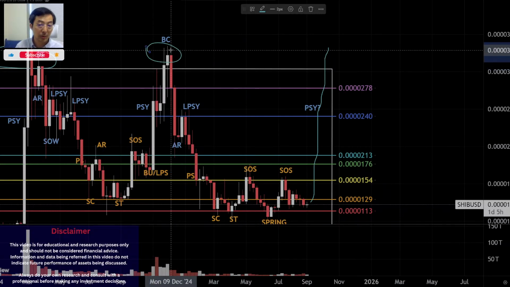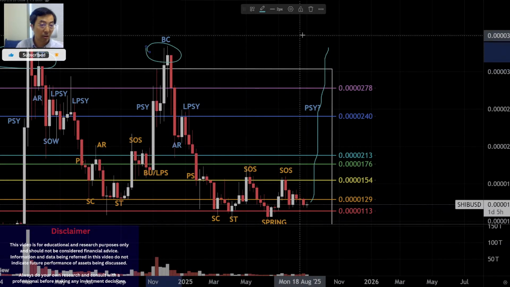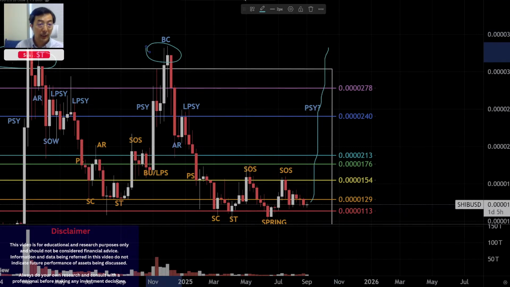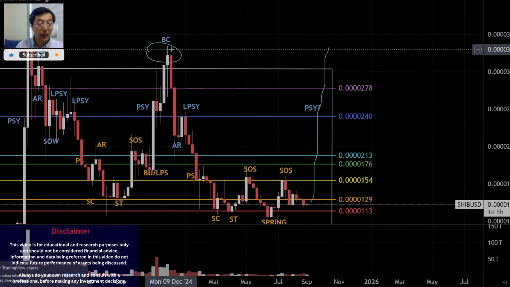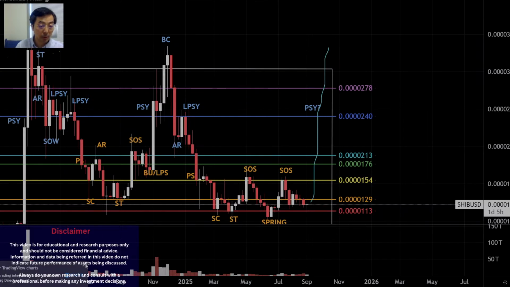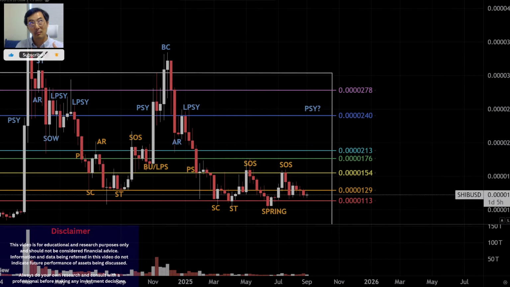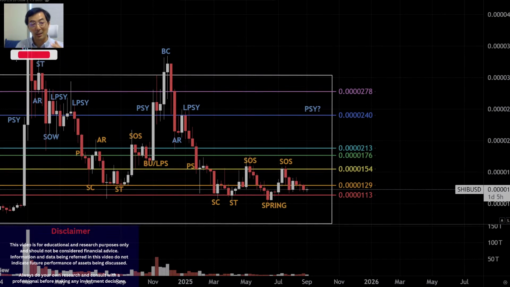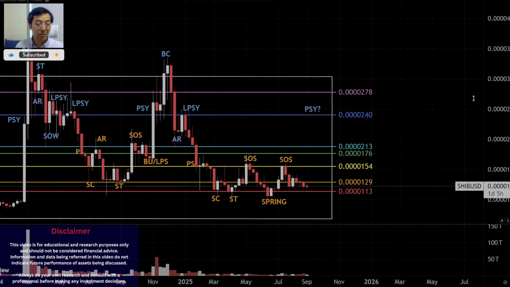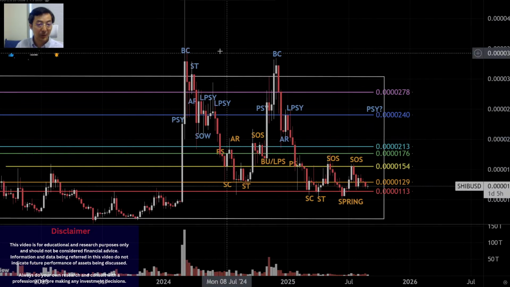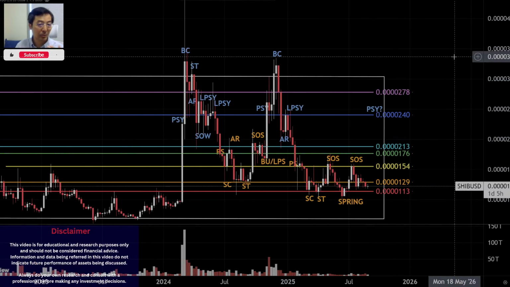That's around 328 or 330 basically. So that's what long-term supporters of SHIB would hope to see. That means still it's worth it to trade. Basically, long-term trade potential is still there.